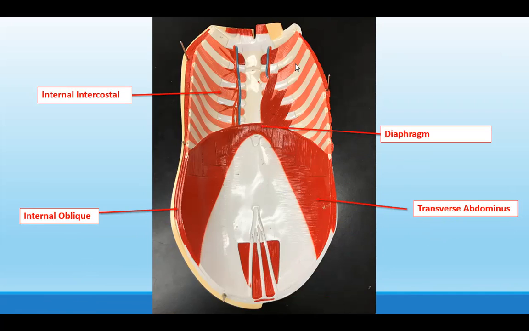Now, the diaphragm is this structure right here. It's shaped sort of like a parachute. It is not this area in here. You really can't see much of it here at all. But for testing purposes, the diaphragm is this little line up here, just to give you a heads up on that.